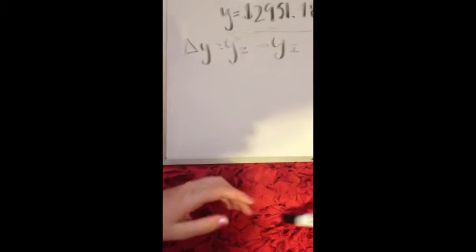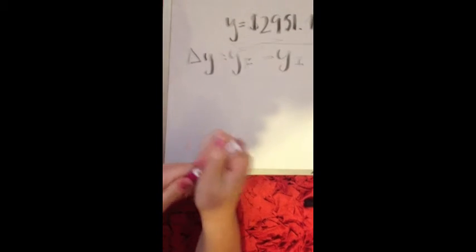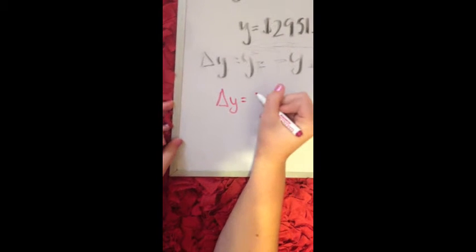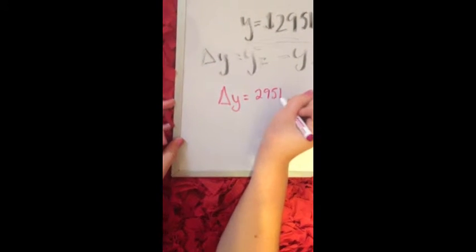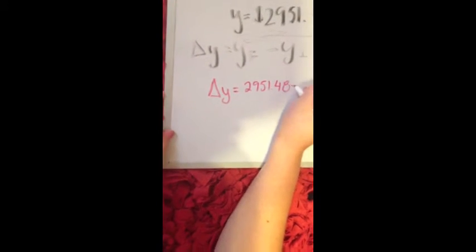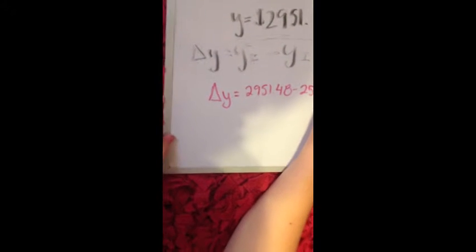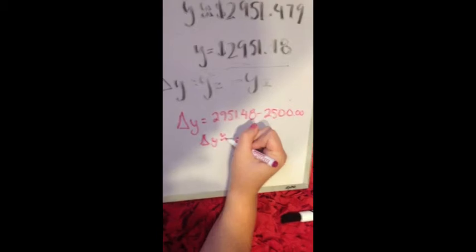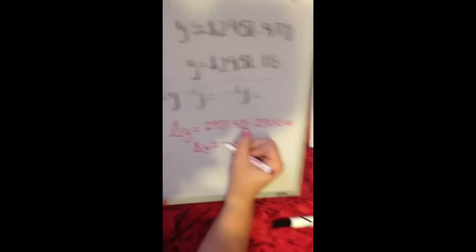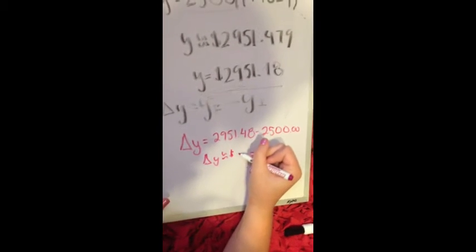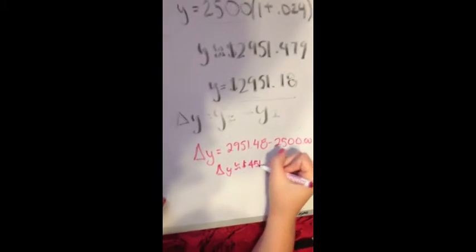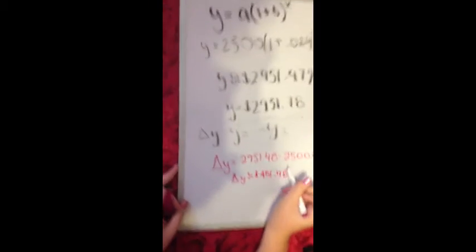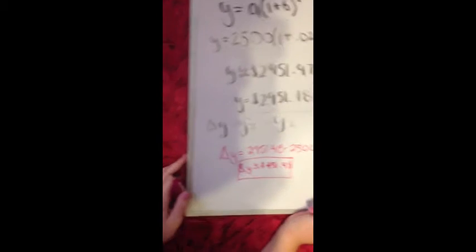So we plug in these values, and we calculate this out to find that the difference is approximately $451.48, which means his account increased by this amount.